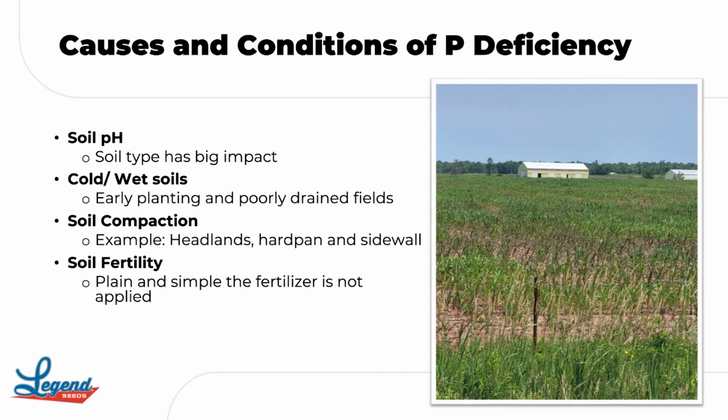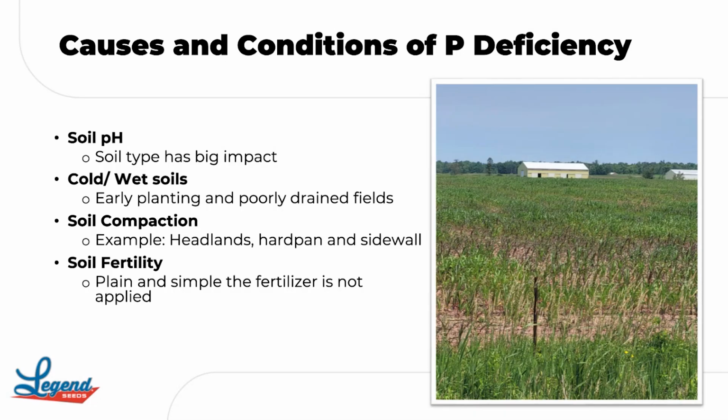Your hard pan, your sidewalls, if we're planting in so-so conditions, we're getting a little sidewall compaction that has an effect. And the last thing, plain and simple, unless you're testing, we just might not have the fertilizer out there, if it's rented ground or ground that we're not going to invest a lot into. So those are some of the conditions and causes where we see phosphorus deficiency.